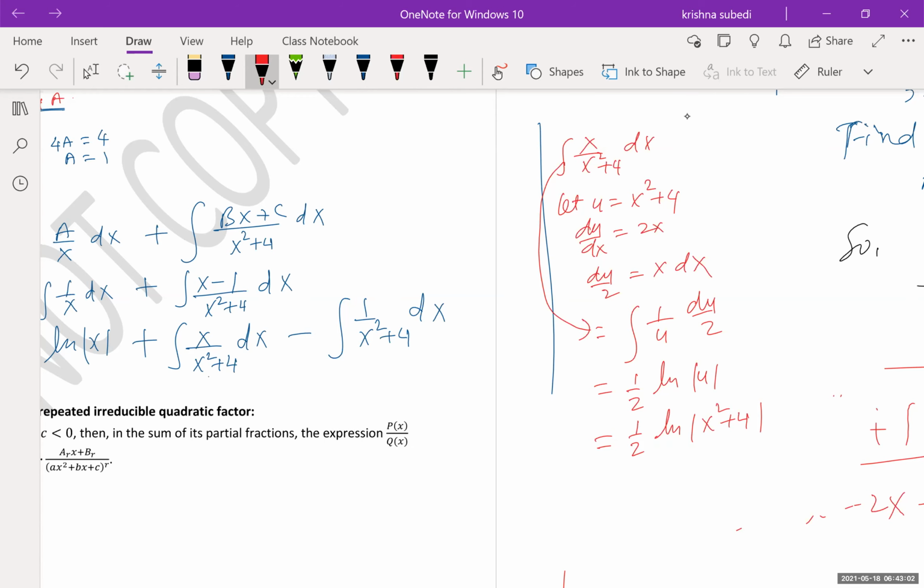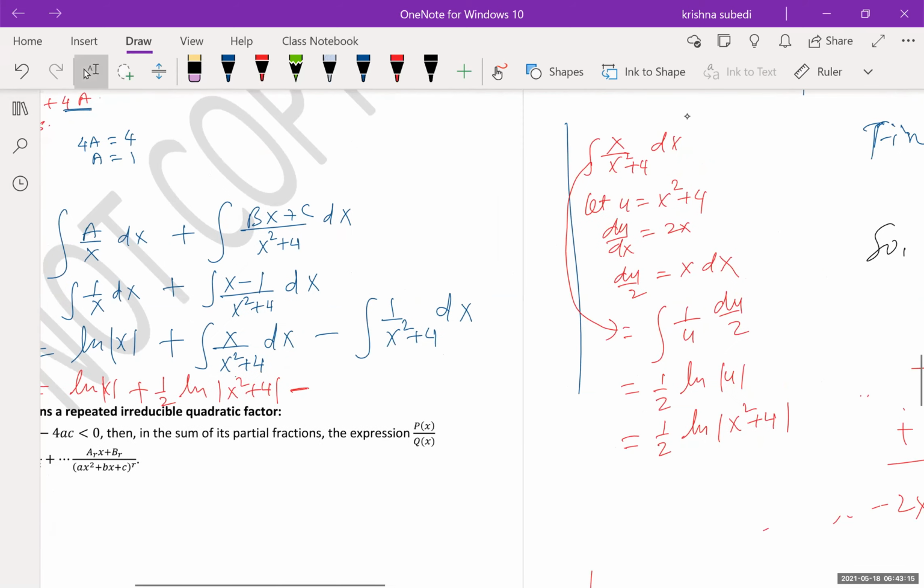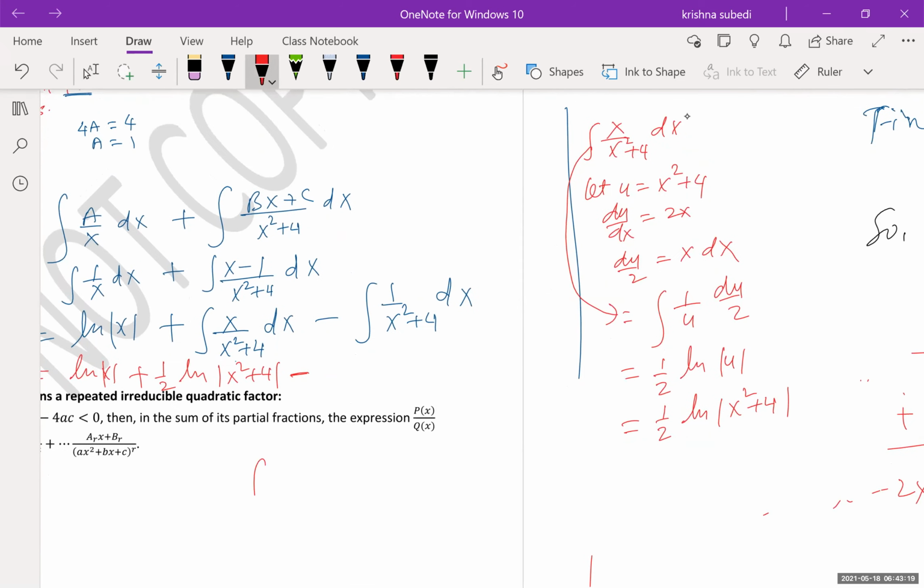Let me copy that, which means this is ln x plus half ln of x squared plus 4 minus this one. This one is just like the formula we have seen: the integral of 1 over x squared plus a squared dx equals 1 over a tan inverse x over a.